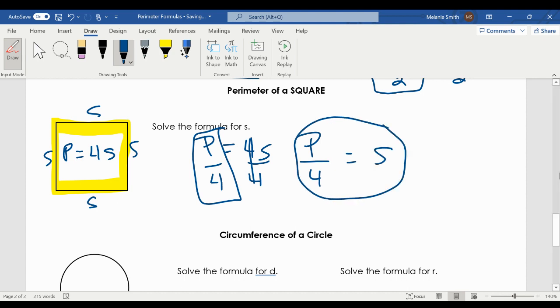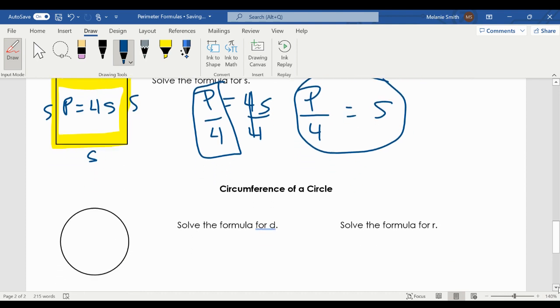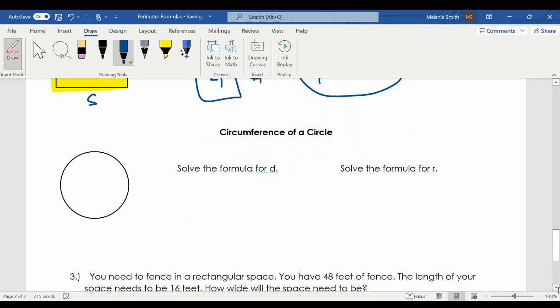Okay. And then the last perimeter I want to talk about is the circumference of a circle. The circumference of a circle is the perimeter of the circle. It's just a very special formula because it's a circle. So the circumference of a circle is based on the diameter across here.